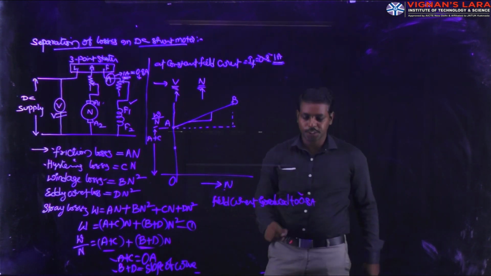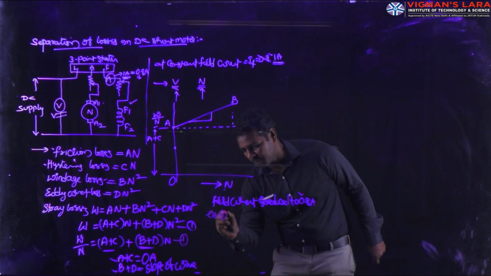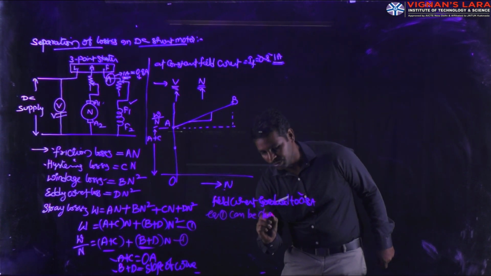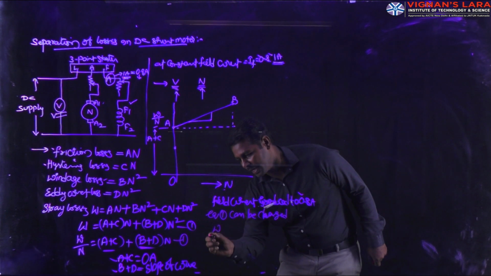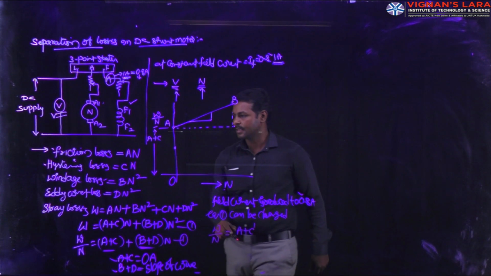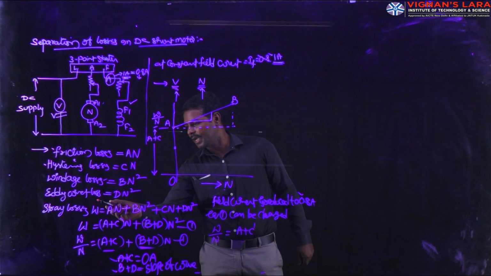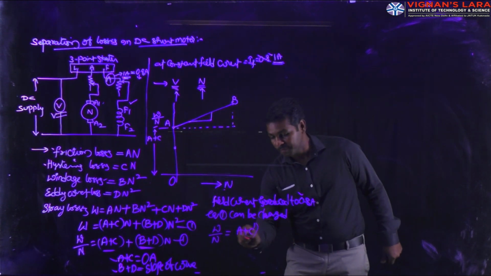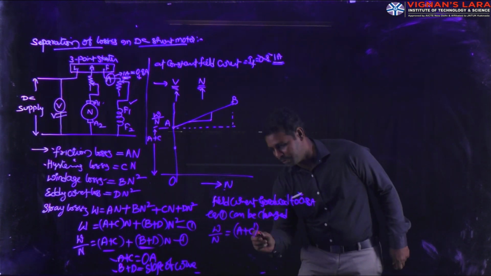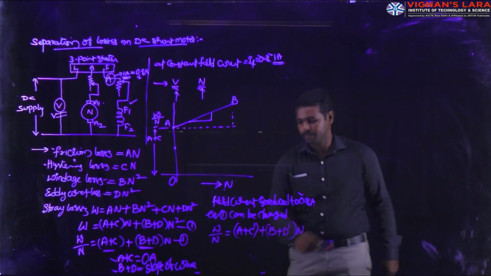So equation 1 can be changed to W divided by N is equal to A plus C dash, because when we change the field current, the corresponding hysteresis losses and eddy current losses must change. But friction and windage losses should not change. So A plus C dash plus B plus D dash into N.